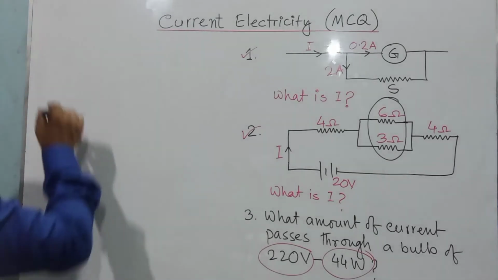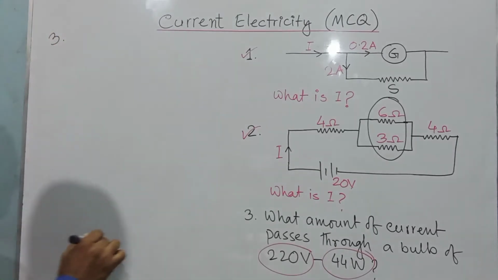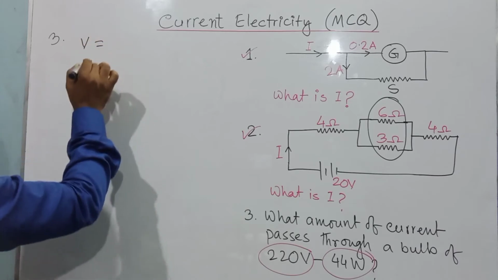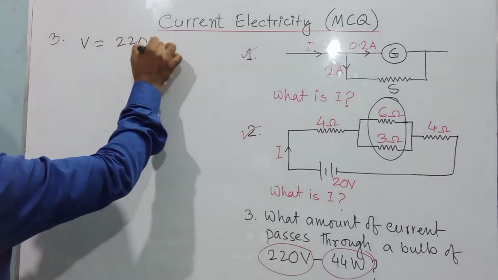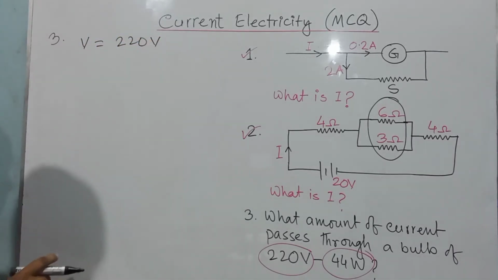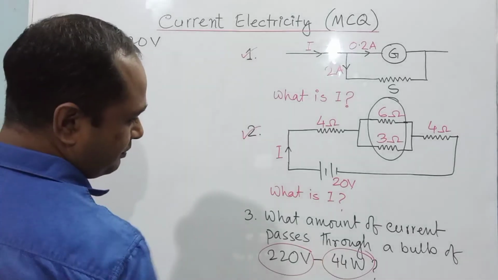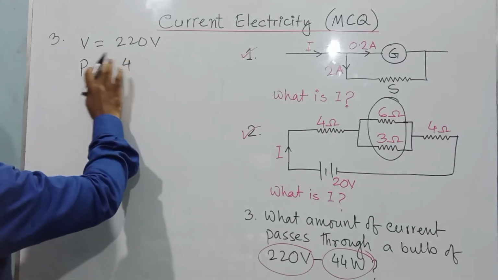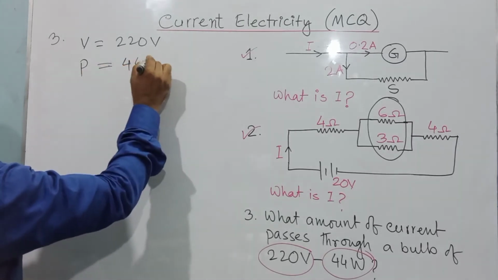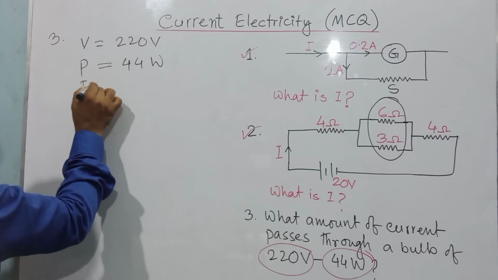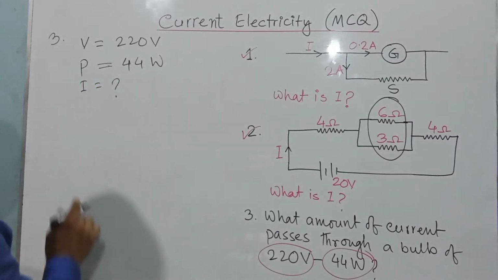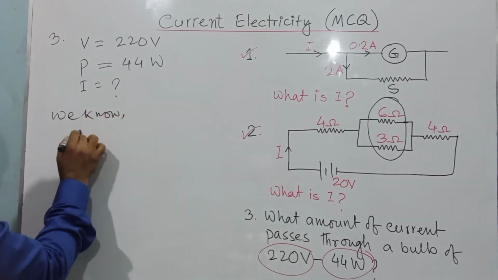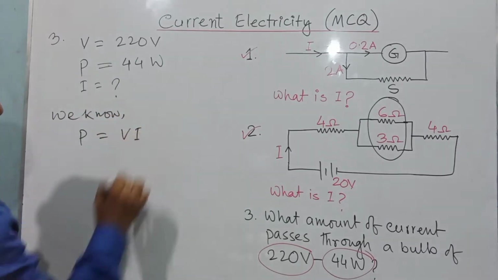Here students, the potential difference V is equal to 220 volt. This is the potential difference across the bulb. The power of the bulb P is equal to 44 watt. We have to calculate the current I. We know P is equal to VI.